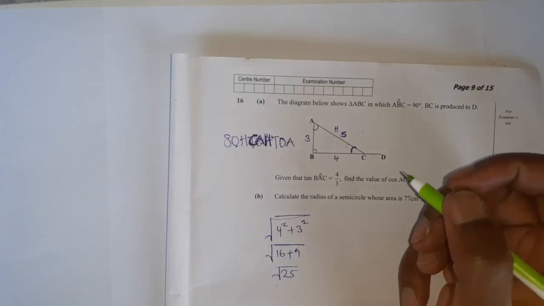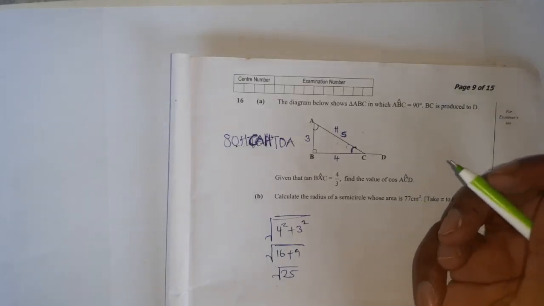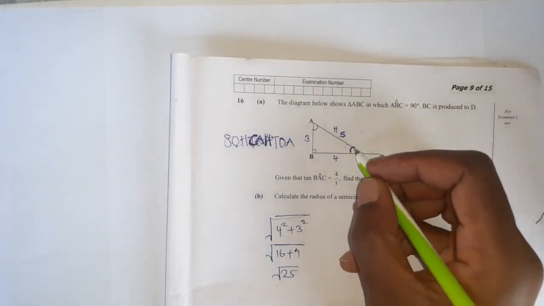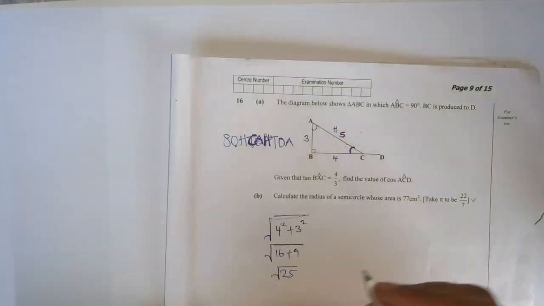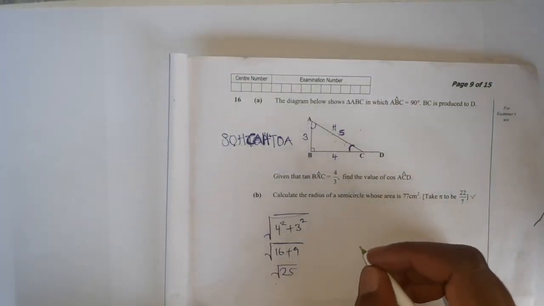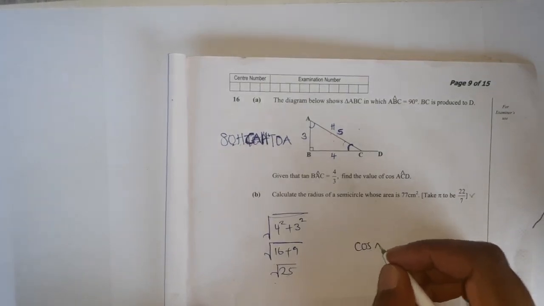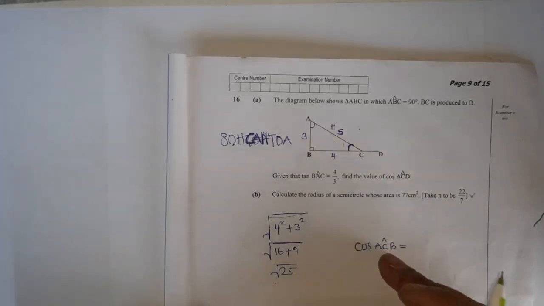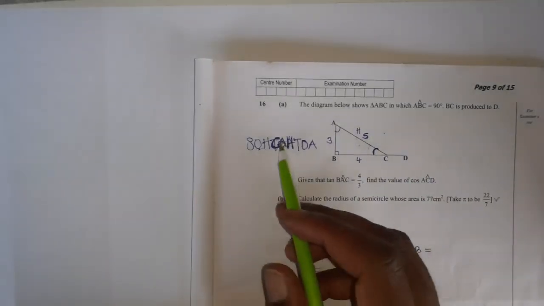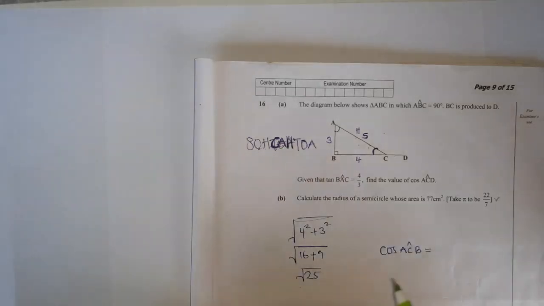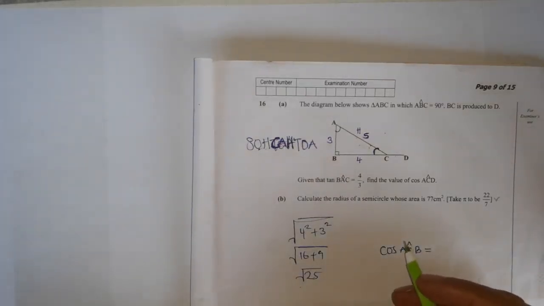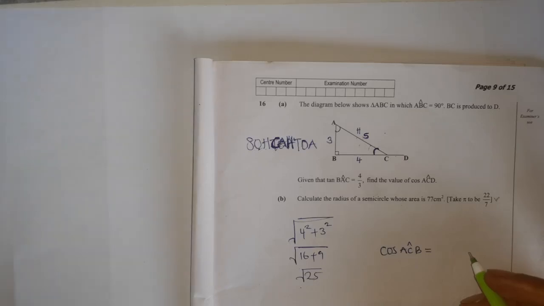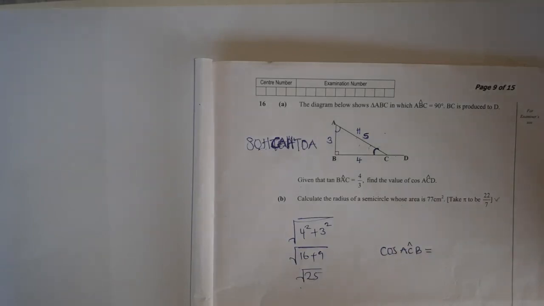If we are finding cos ACB, remember we said cos is equals to adjacent over hypotenuse. I hope you remember that concept where we talked about that. All right, so that is now what we are looking at.